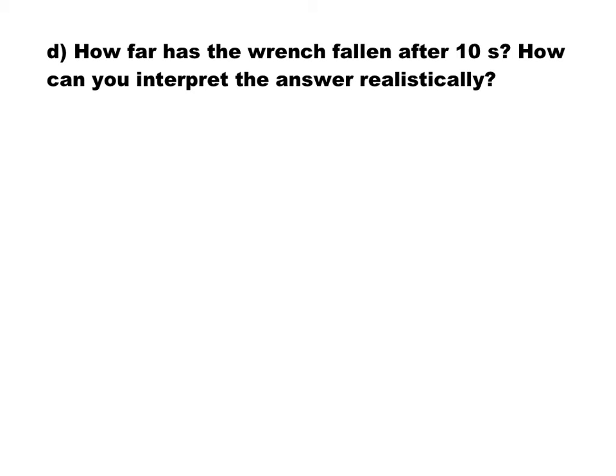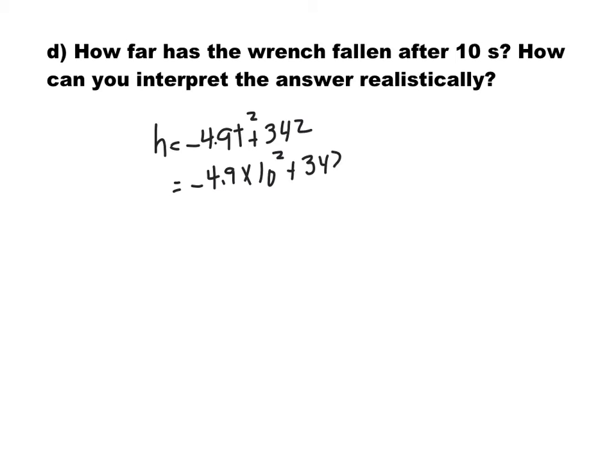After 10 seconds, we have to evaluate the function h is equal to negative 4.9 t squared plus 342. If I sub 10 here, I get negative 4.9 times 10 squared plus 342, which is going to give me a number, negative 148 meters.